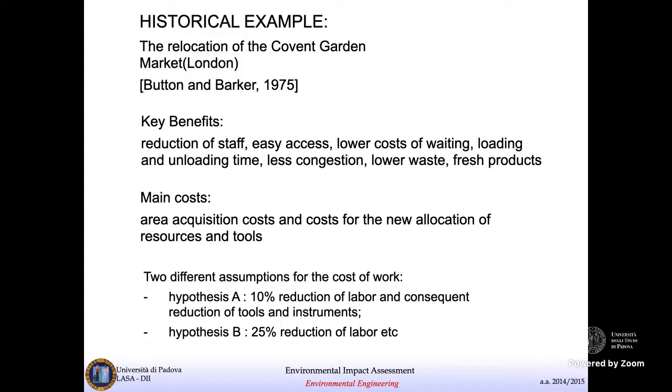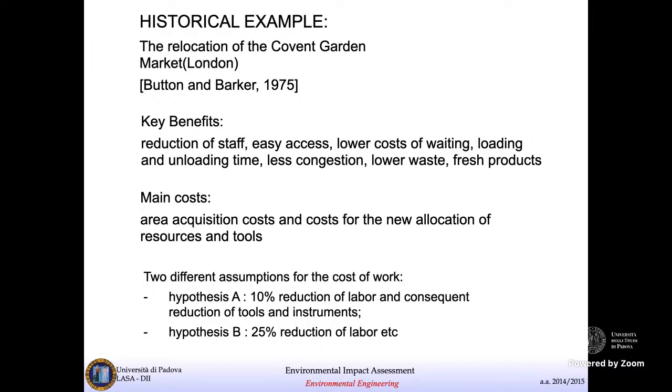I can give you a historical example that gives you just a taste of how complicated the construction of cost-benefit analysis may be. This is the classical example that is always taught and taken as a reference, from a paper published in 1975 by Button and Barker.